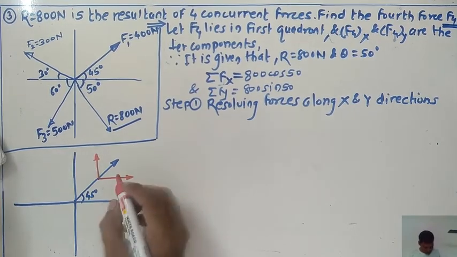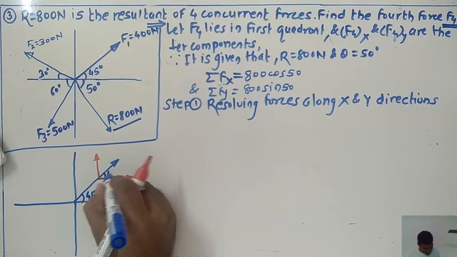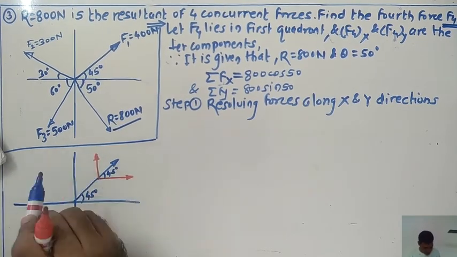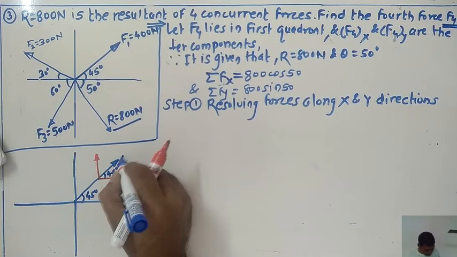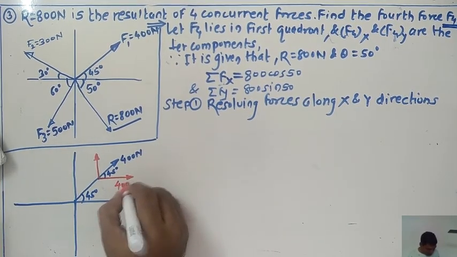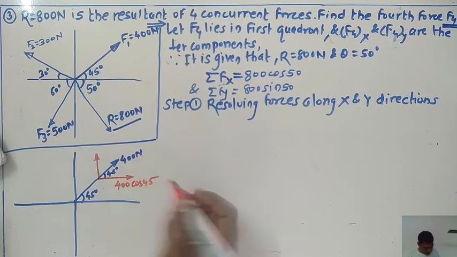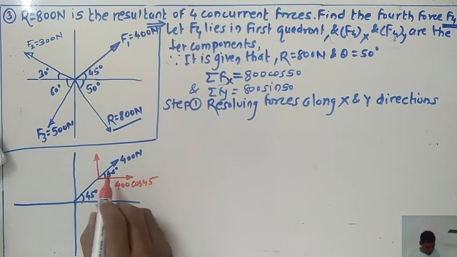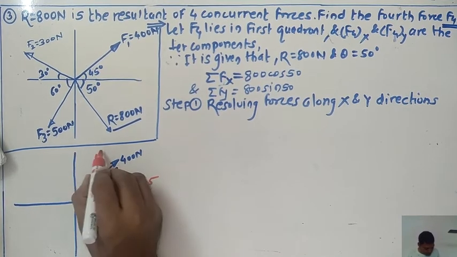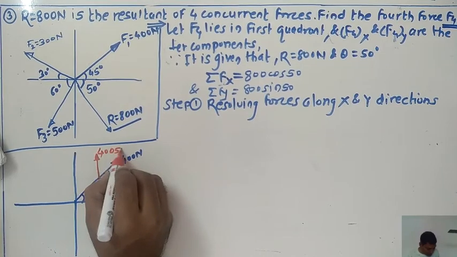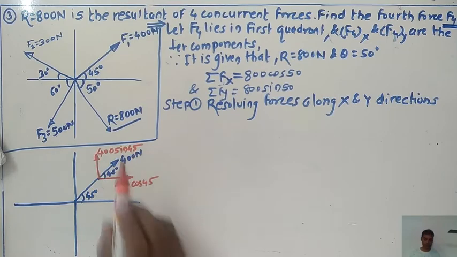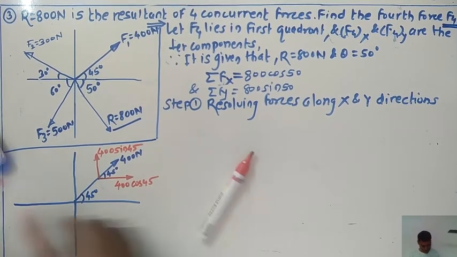This angle is 45 degree, and the magnitude is 400 Newton. What about its horizontal component? 400 cos of 45. Always remember that the component adjacent to the angle is the cos component. Similarly, the next one must be the sine component, so here 400 sine of 45.